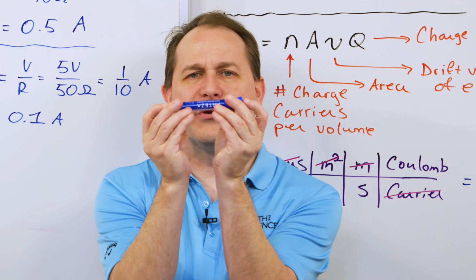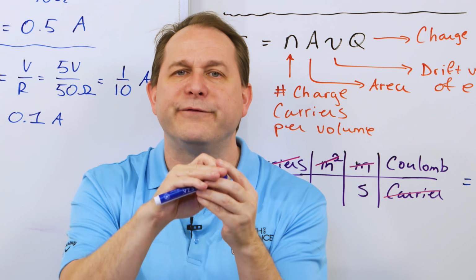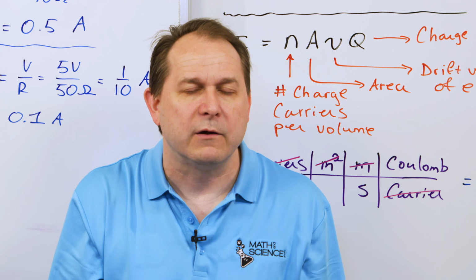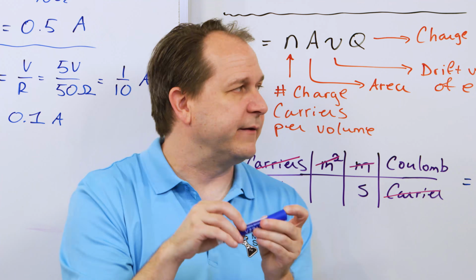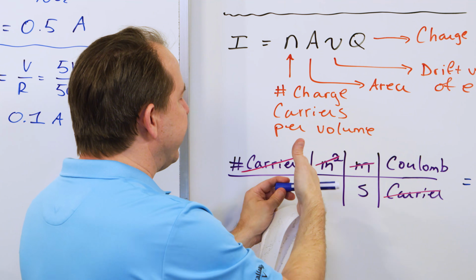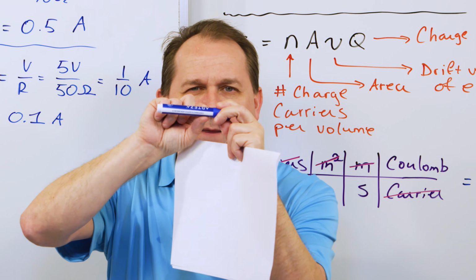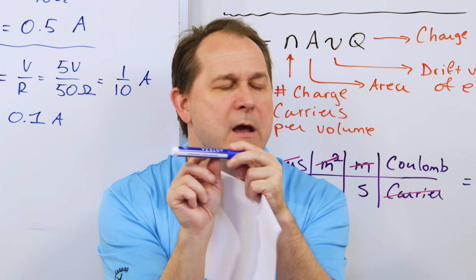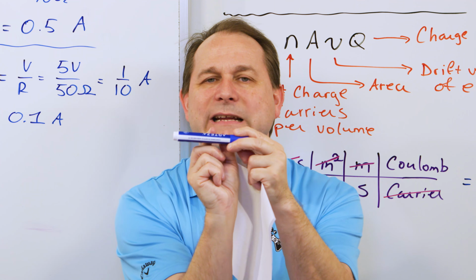Because if you pretend this marker is a wire, and it's full of electrons, the more electrons you have, the more conduction you might think you have, right? That makes sense. Now, what you have is a density of electrons, right? As you take a cross-sectional area in square meters here and multiply it by meters per second, it's like zooming in on this and looking at a tiny little volume of this marker. Because when you look at the cross-section and multiply by a distance unit, it's like giving you a tiny little volume element.